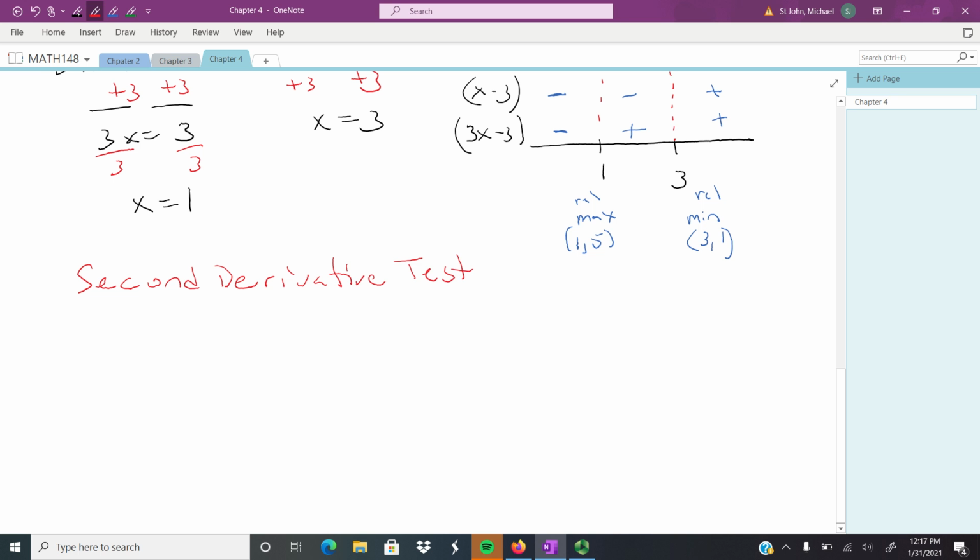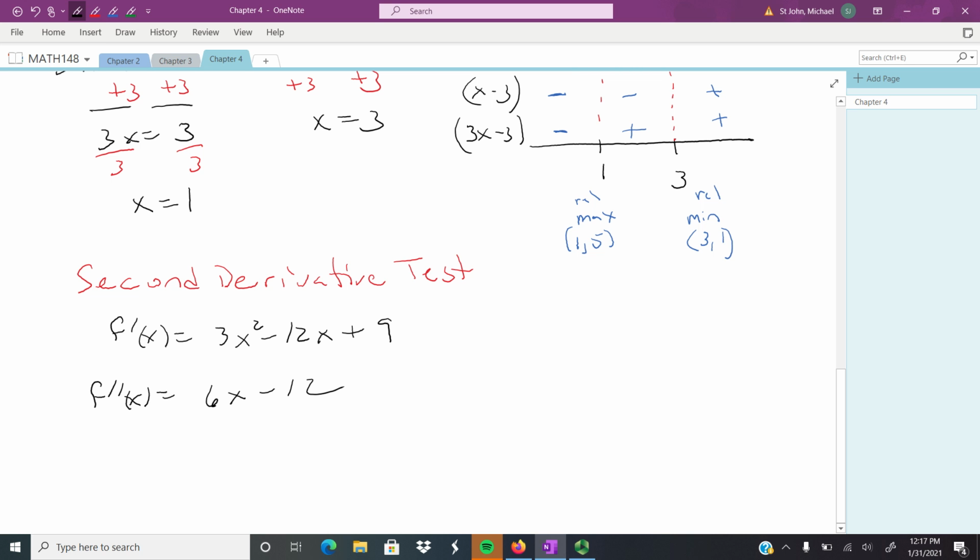And so now we start with our first derivative, which we said was 3x squared minus the 12x plus 9. So now we take our second derivative, which will be 6x minus 12.